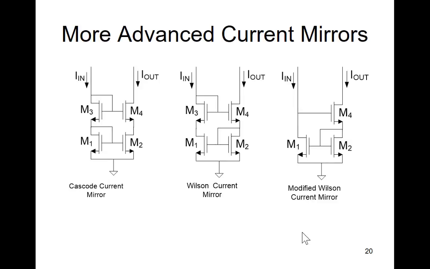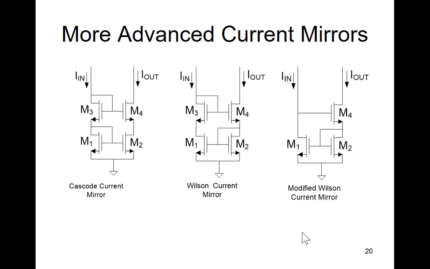We can see the current mirror gain by looking at the lower part of these three mirrors. M1 and M2 determine the relationship between this current and this current. And that relationship is the same here, and it's the same here. It makes no difference whether we have the diode connected transistor on the left or the right. If the mirror gain is 1, they'll have the same relationship between the currents.